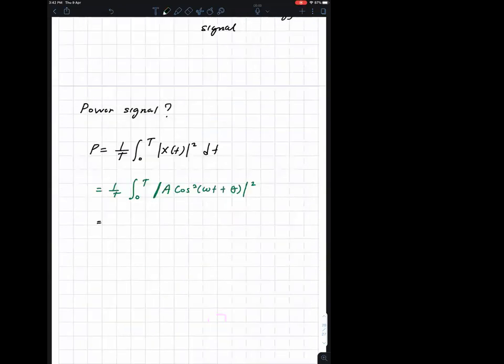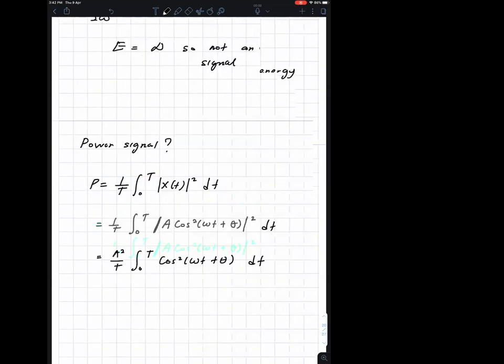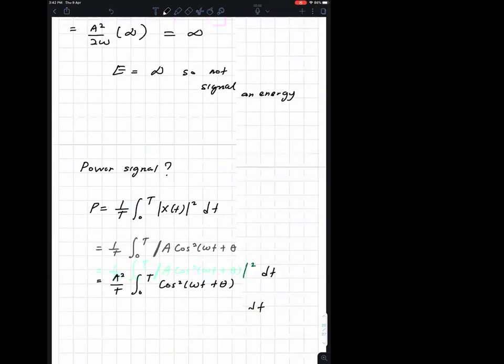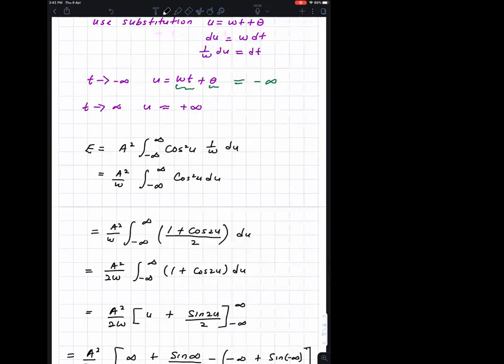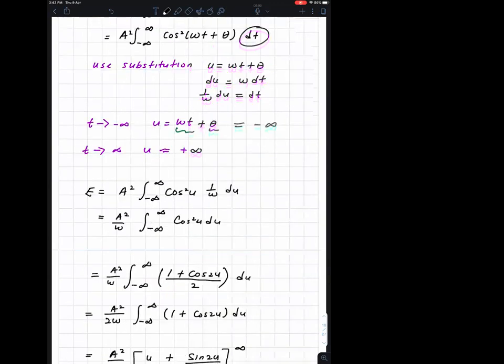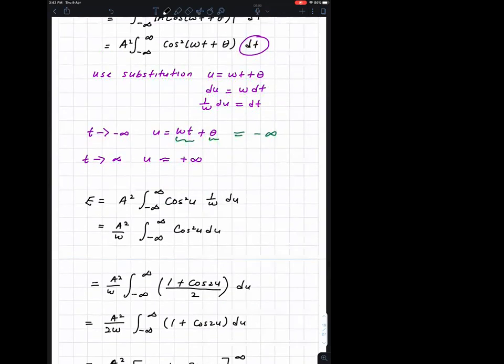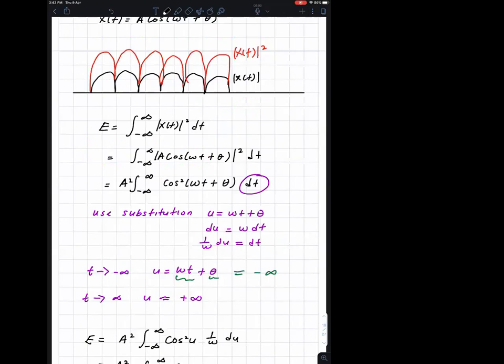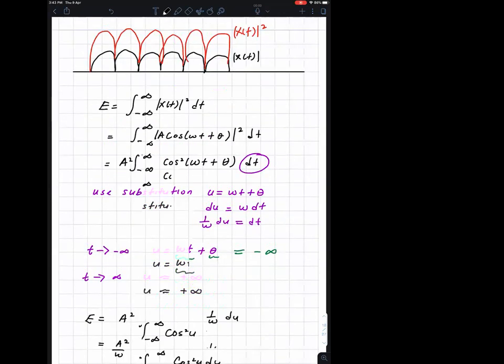The only difference now is that we get A squared over T. Previously we just had A squared, and now we have A squared over T.